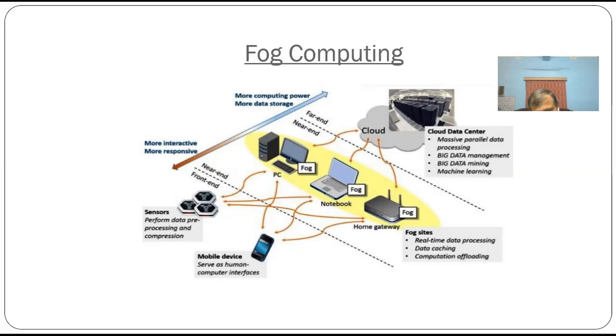Why computation offloading? Because otherwise we would have gone for the cloud servers, and that would definitely have increased the response time from the servers, and ultimately the real-time applications would not have been possible to implement. So that's how fog computing plays a very crucial role in such a scenario.